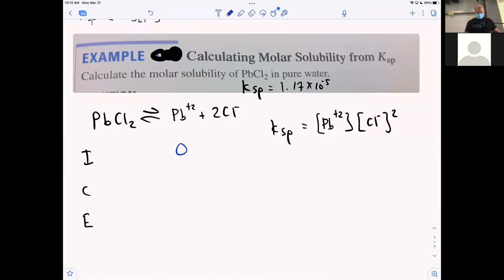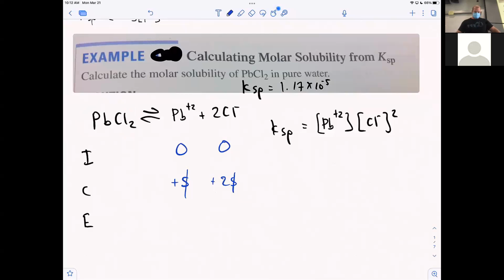Initially, we write the equation: lead chloride in equilibrium forms lead 2+ ions and 2 chloride anions. For the change, this is going to have 1 molar solubility. My S's look like 5s, so I usually use a dollar sign for that.